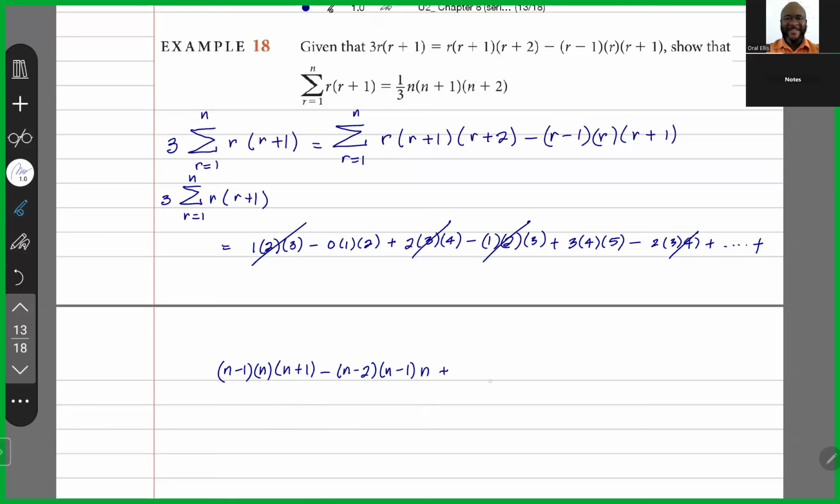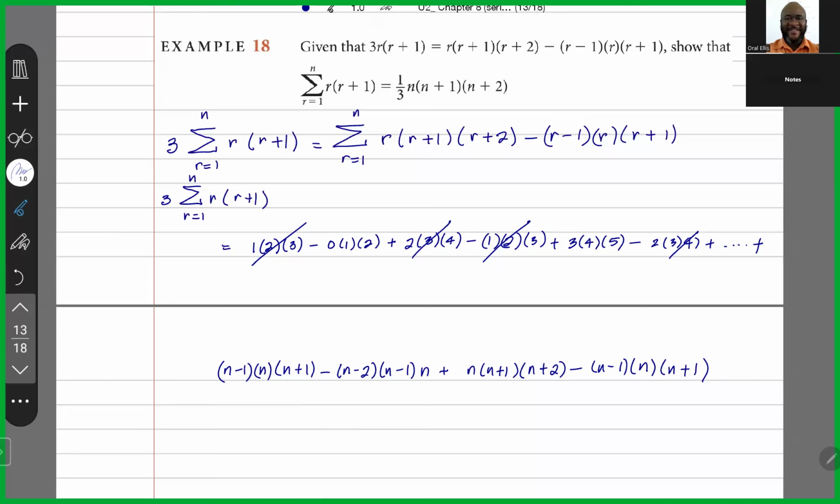Plus now the last term, we have n into n plus 1, n plus 2 minus n minus 1, n, n plus 1. This is the nth term.